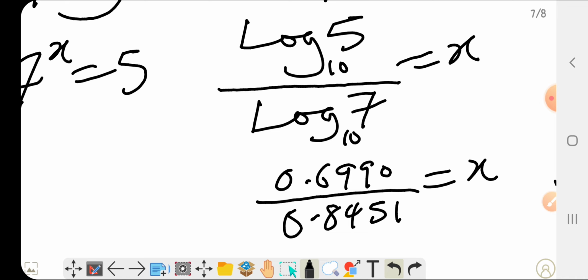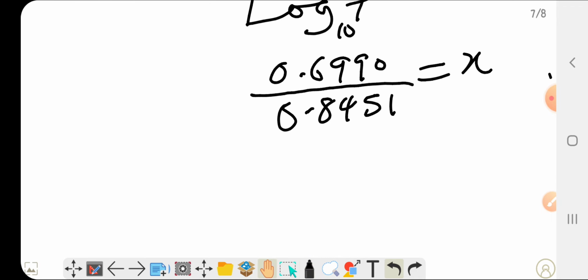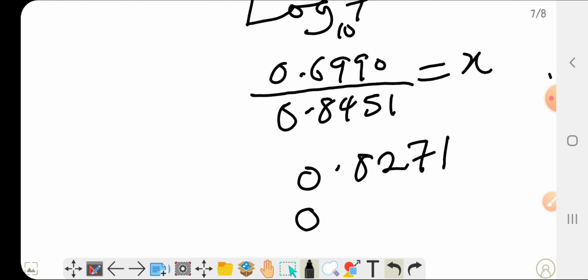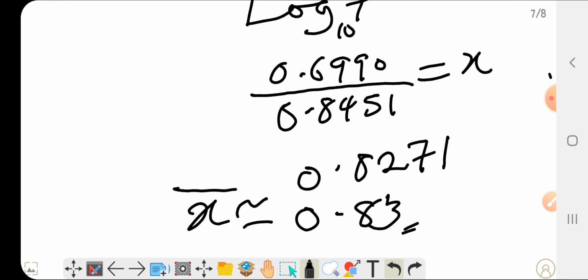That will give me 0.8271. So finally I have 0.8271. Then I could just say x is approximately 0.83. I could do it this way. So that's it.